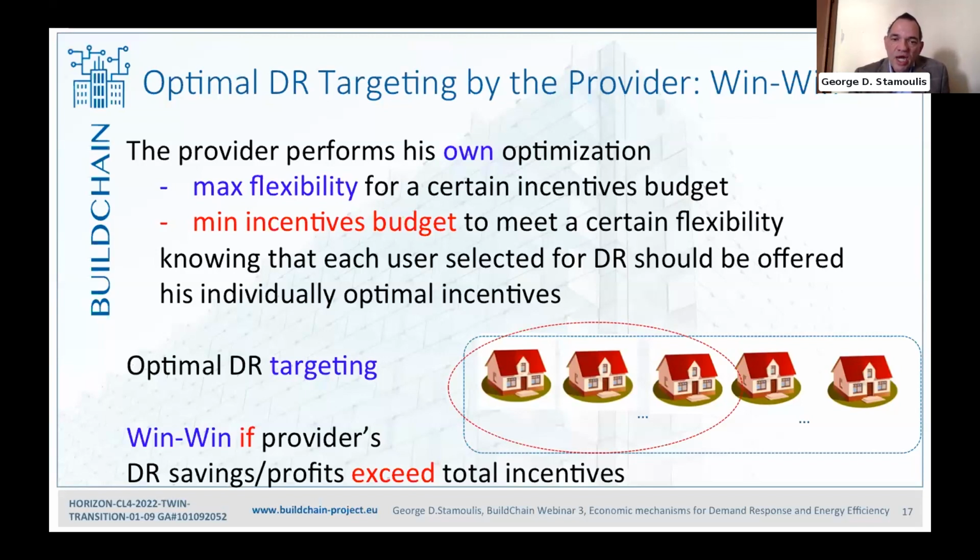How many? As many households as needed in order to meet the flexibility objective. And this is the so-called optimal DR targeting. Is this a win-win situation? It will be only if the provider's savings or profits due to the success of the DR event exceed the total incentives given to the users.